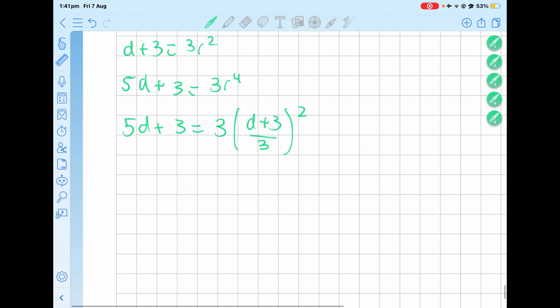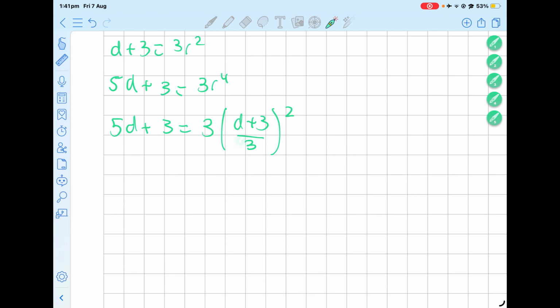And then first I wanted you to square this, so this would be 5d plus 3 equals 1/3 of d squared plus 6d plus 9. And then we can say that 15d plus 9 equals this 6d and then 9.